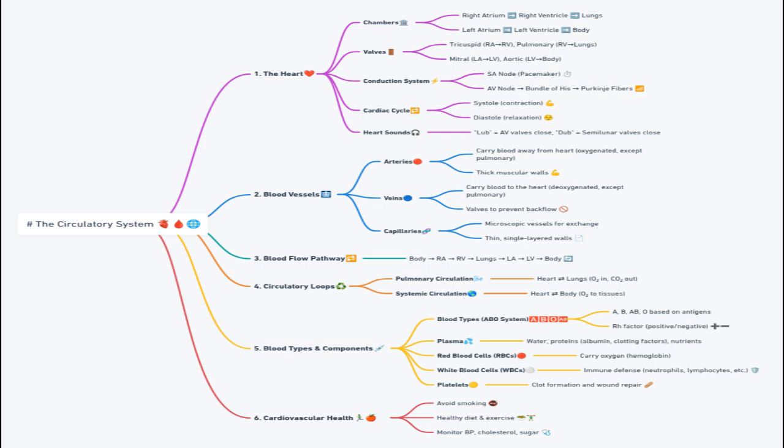The tricuspid valve can be heard at the fourth intercostal space, and in the fifth left intercostal space, mid-clavicular line, you can hear the mitral valve or the bicuspid valve.